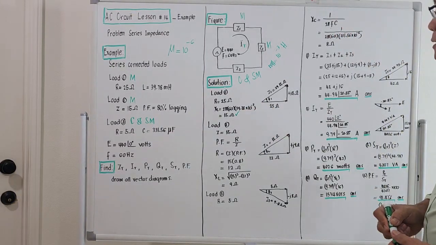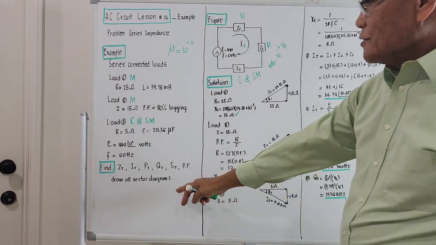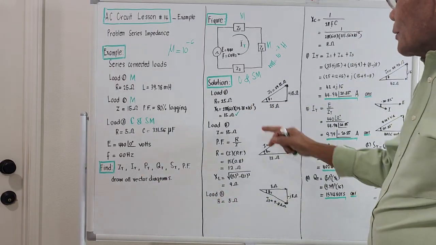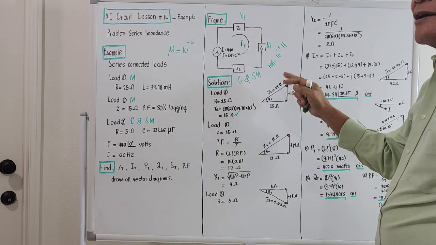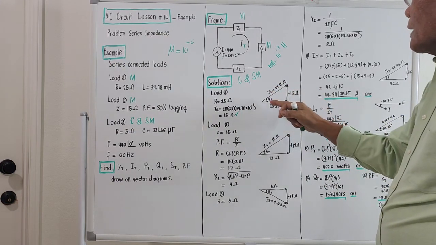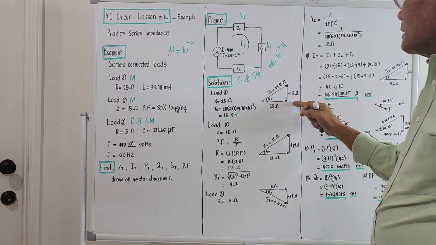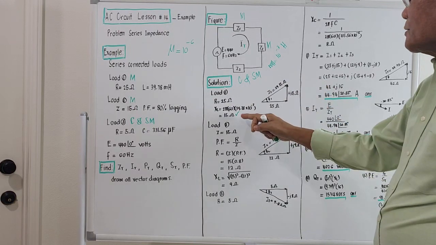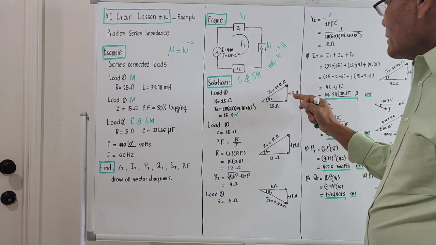Okay, so if we try to draw the vector diagram, because the problem says draw all vector diagrams. Load number 1 is an inductive load, so the triangle will be this. The real part will be 25 ohms, representing the resistance. The imaginary part is the inductive load, X of L, so it goes upward.